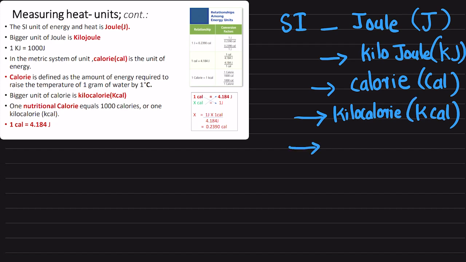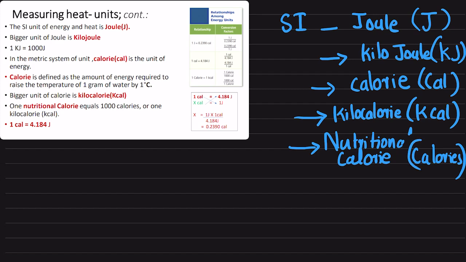In food packets, we use the term nutritional calorie, which we represent by Cal. So these are the important units of heat. The SI unit of heat is joule.